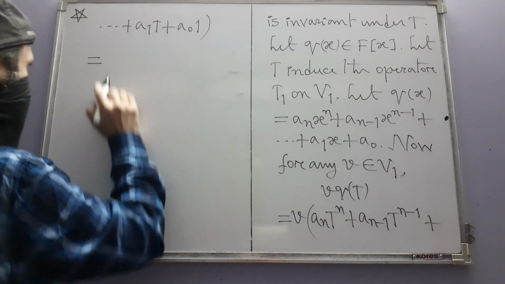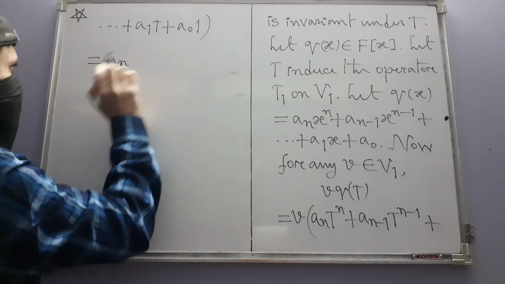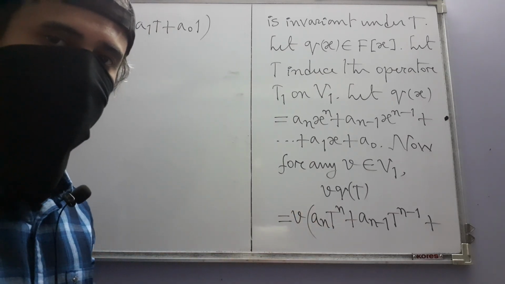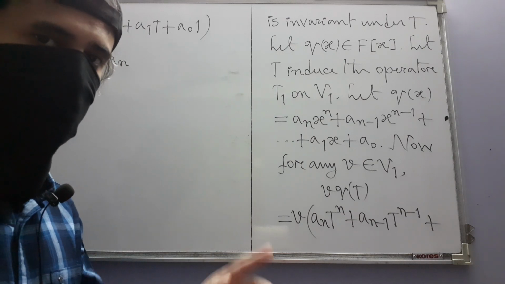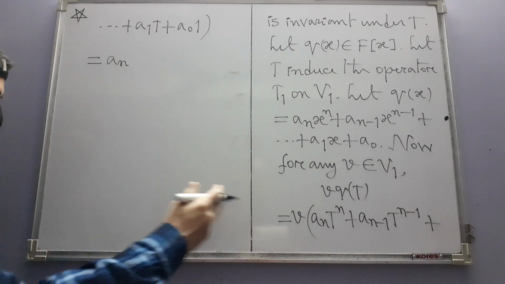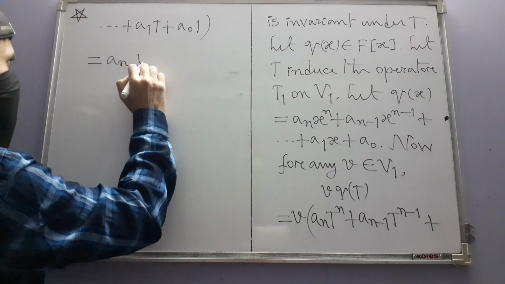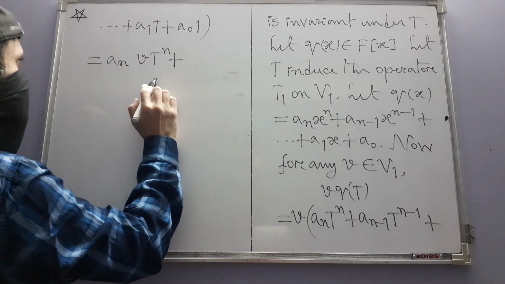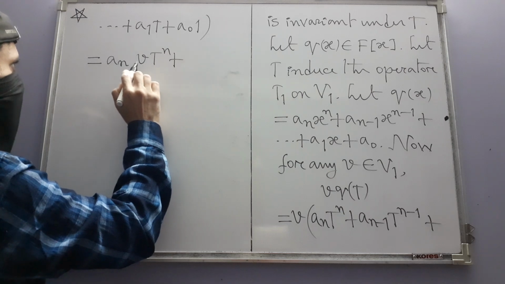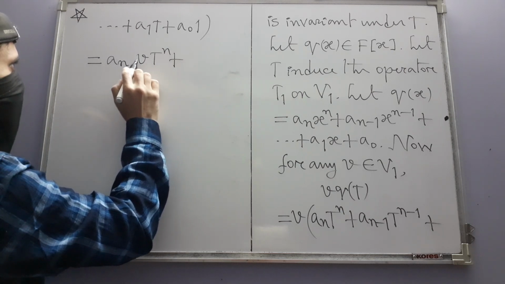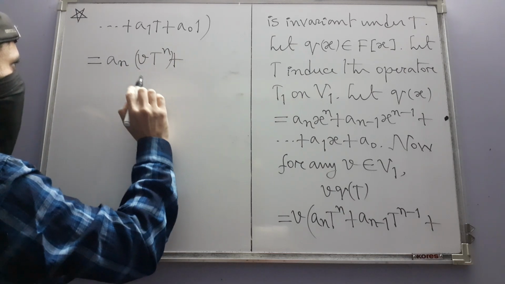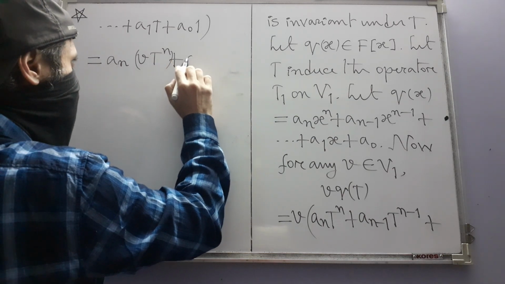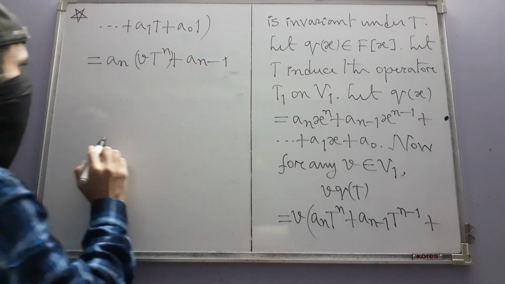Now what will it become? By the definition of addition, scalar multiplication, all these operations in our operator algebra, this thing is equal to this. If you want to really emphasize the fact that we are multiplying a vector by a scalar, you can use parentheses like that here also.